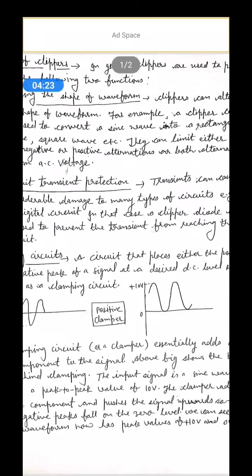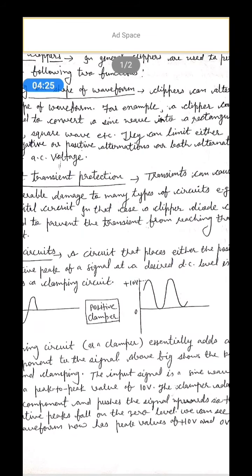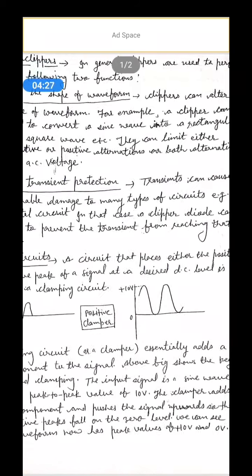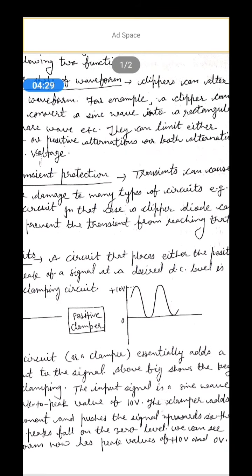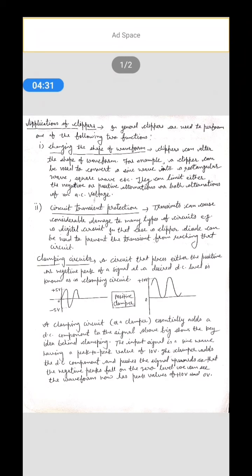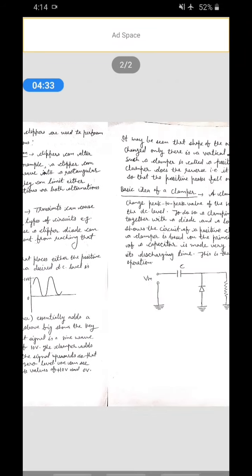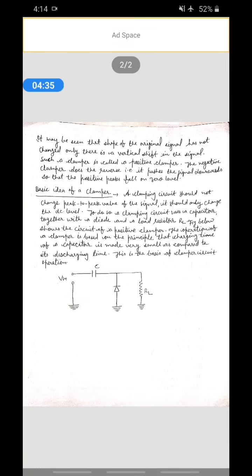The peak to peak value does not change. It may be seen that the shape of the original signal has not changed, only there is a vertical shift in the signal.